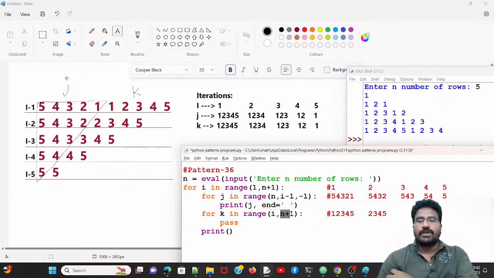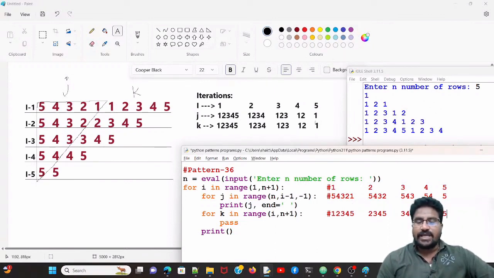N plus 1, 5 plus 1 is 6, so 3 to 5, means 3, 4, 5 only. Next, when I value is 4, starting 4, and 5 plus 1 is 6, 6 before 5. So 4, 5 will come, and last 5 will come. All of you observe. These are the iterations, these are the displaying values.